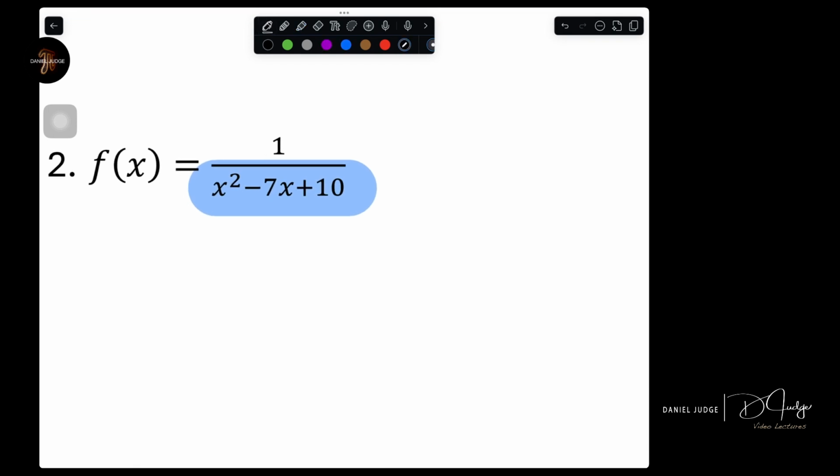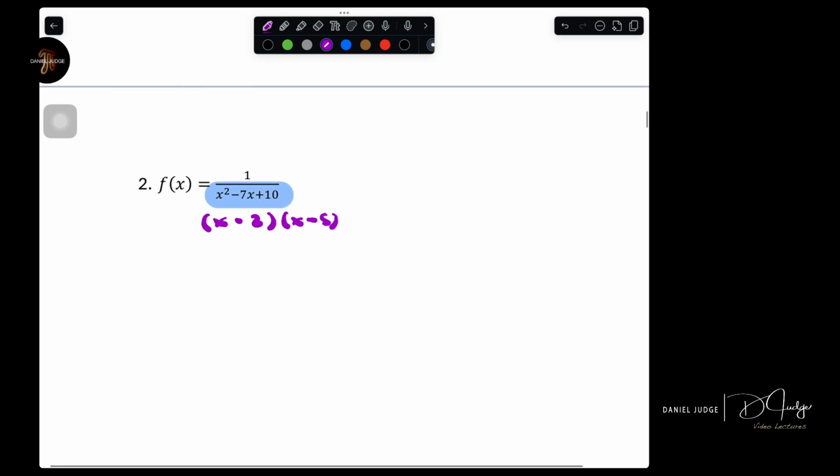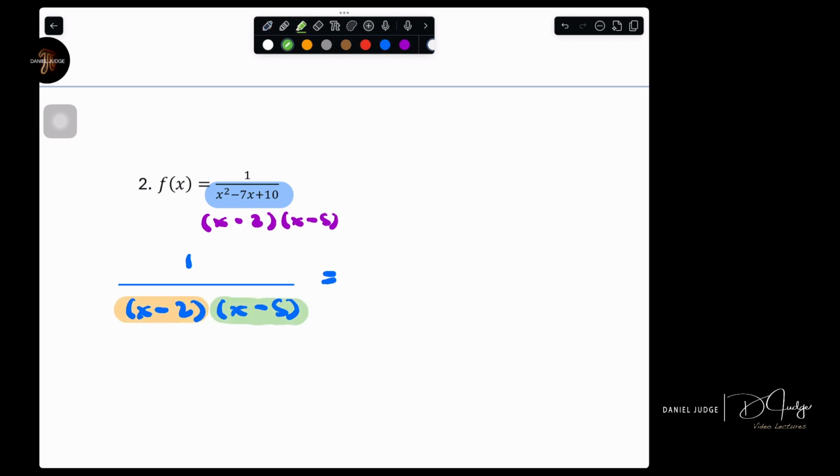So when you factor this by using algebra again, we're going to get x minus 2 times x minus 5. Get 1 over x minus 2 times x minus 5. Again, we get two distinct linear factors.